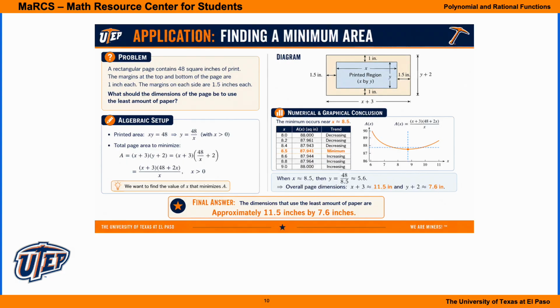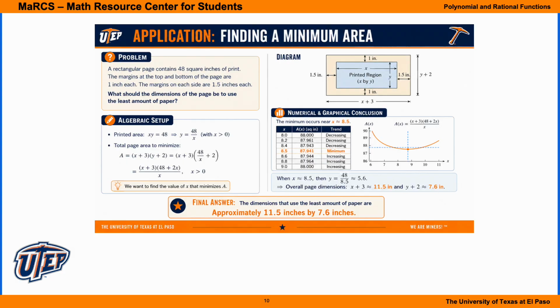So we see that a minimum value, or a minimum, occurs at a turning point, so when the function changes from decreasing to increasing. So after constructing a table, we see that the minimum occurs at x is equal to approximately 8.5. So when x is equal to around 8.5, then y is equal to around 5.6.